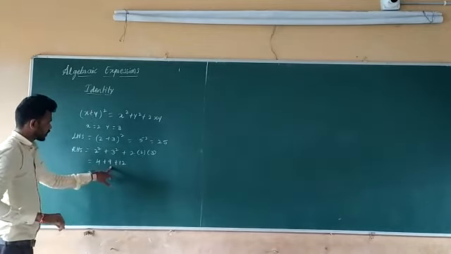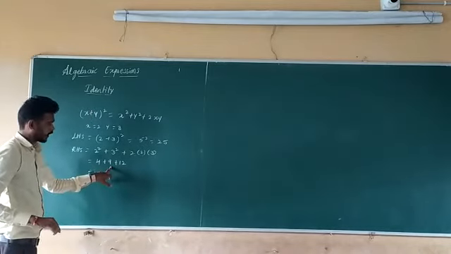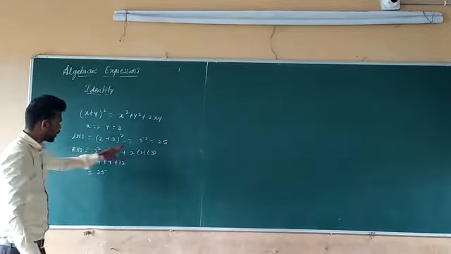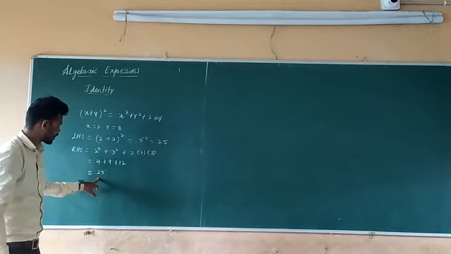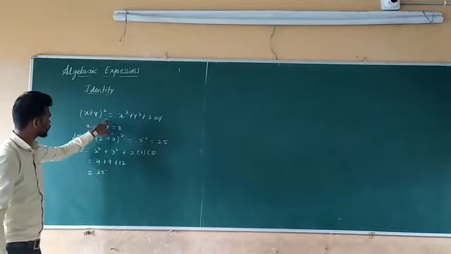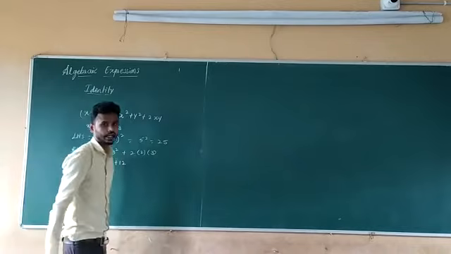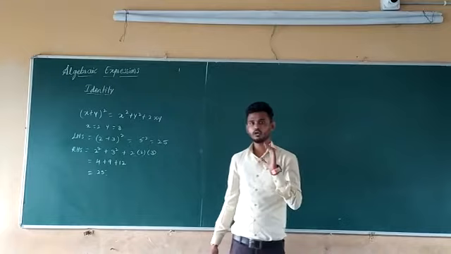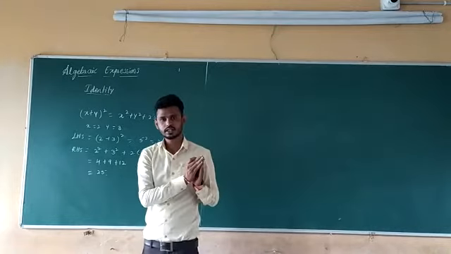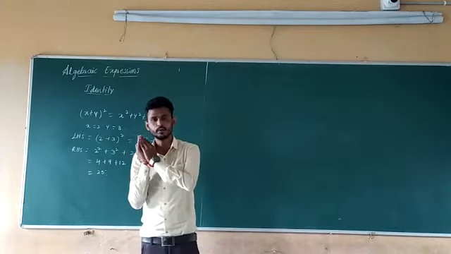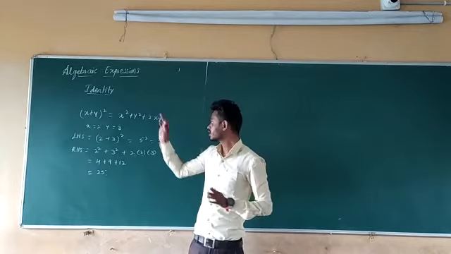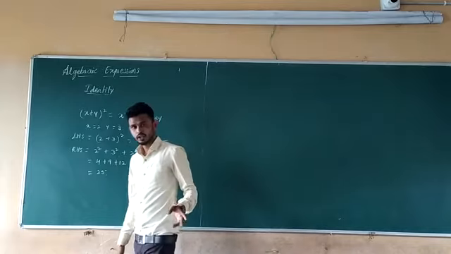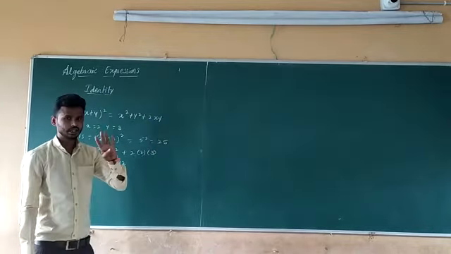So 4 plus 9 is 13, 13 plus 12 is 25. Here the LHS is 25 and the RHS is also 25. So this expression is called an identity. Identity means for any value of the variable, the LHS and RHS values are both the same. And in this chapter you are going to study 4 standard identities.